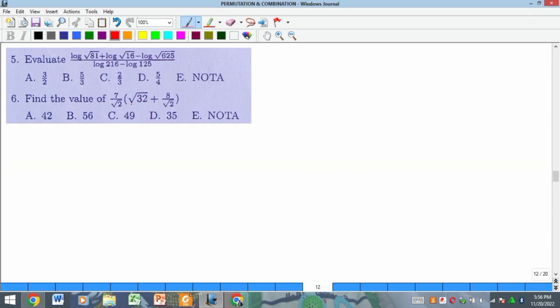So number 5 here asks us to quickly evaluate this. And so what do you do? Of course, we know that root of 81 is 9, plus root of 16 is 4, minus root of 625, which is also a perfect square and is 25.